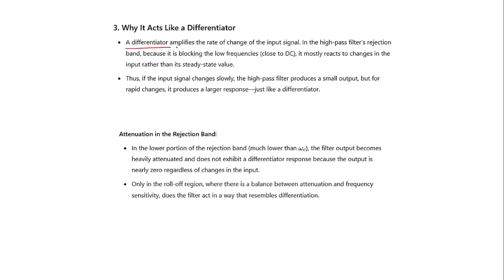A differentiator amplifies the rate of change of the input signal in the high pass filter's rejection band, because it is blocking the low frequency close to DC. It mostly reacts to the changes in the input rather than its steady state value. Thus if the input signal changes slowly, the high pass filter produces a small output, but for rapid changes it produces a large response, just like a differentiator.